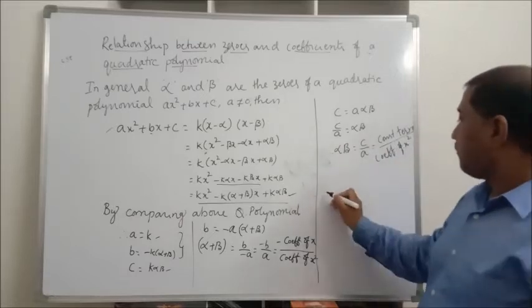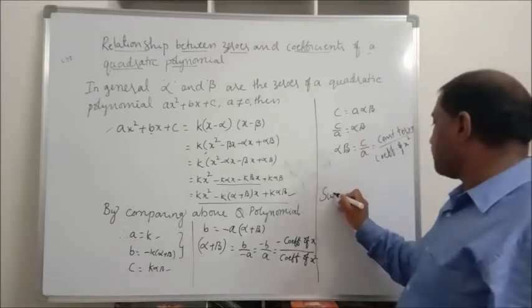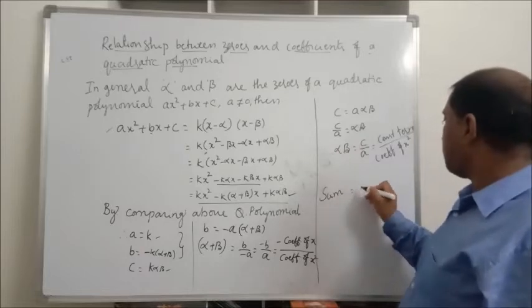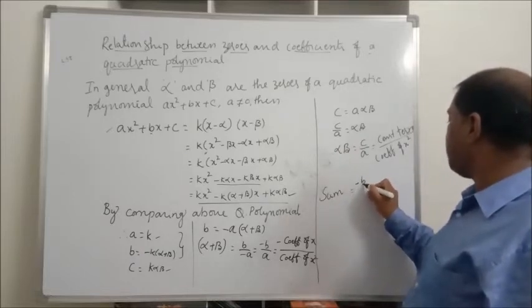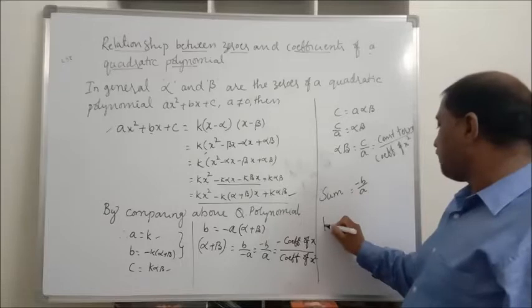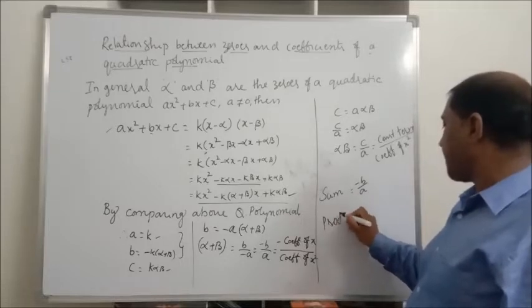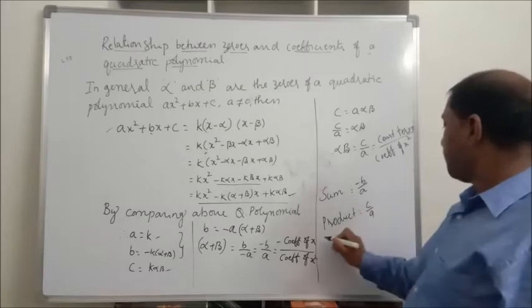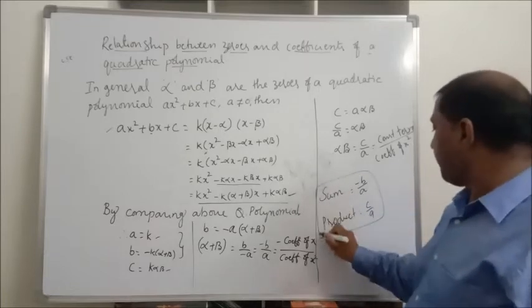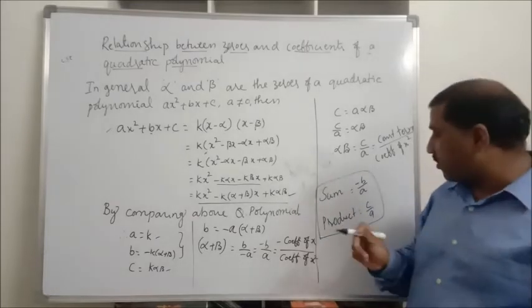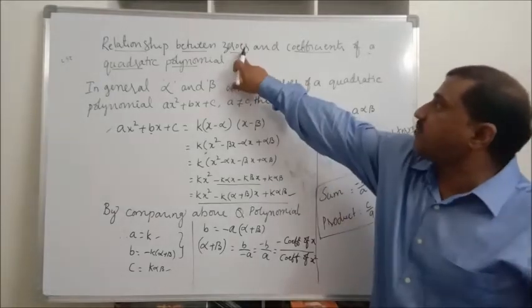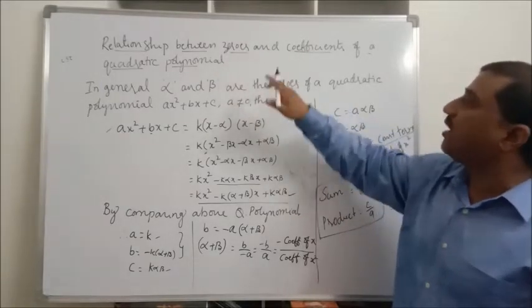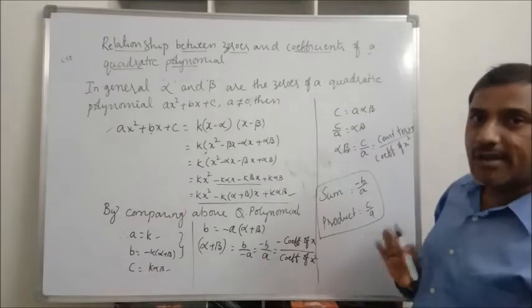So finally we can write: the sum of the zeros is equal to minus b by a, and the product of the zeros is equal to c by a. This is the relationship between the zeros and coefficients of a quadratic polynomial.